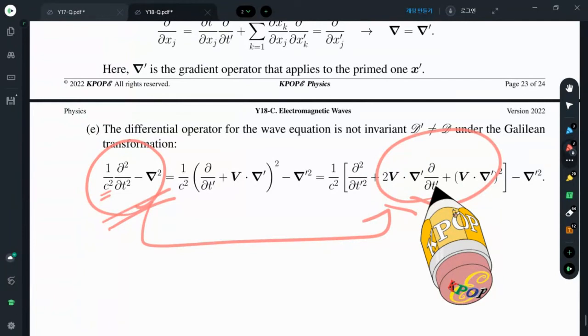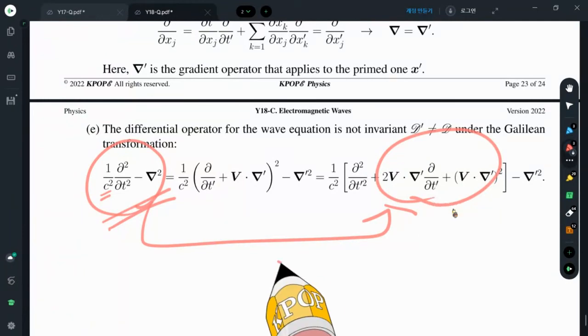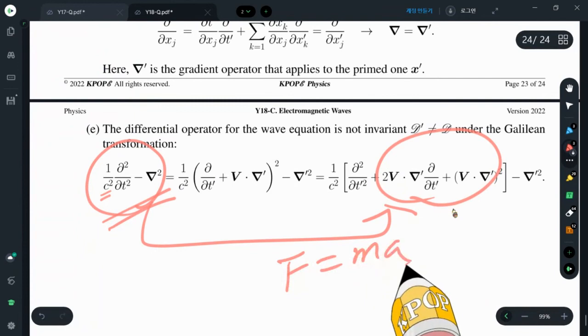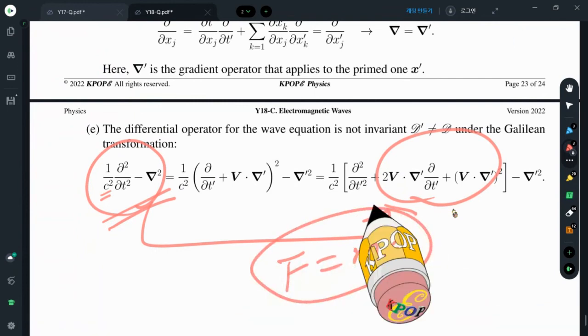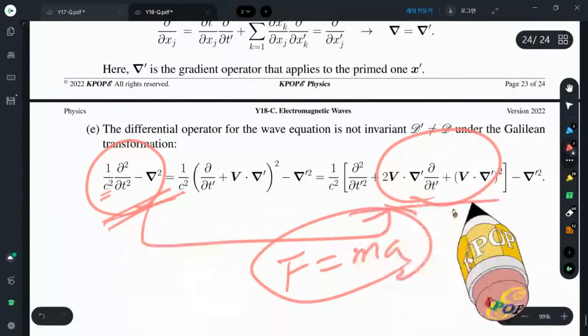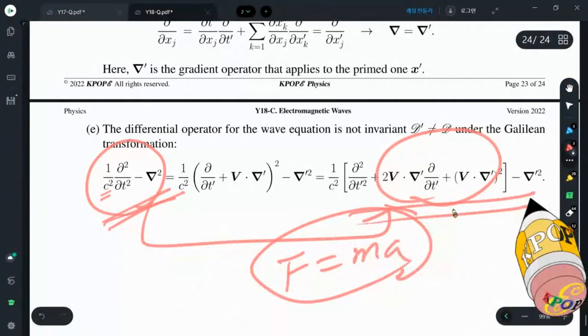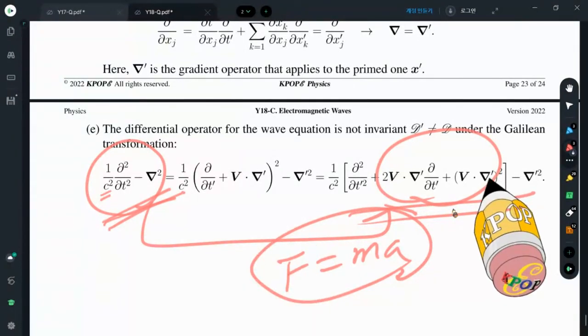According to Galilei, under the Galilean transformation, F equals ma is invariant. However, under the Galilean transformation, the Maxwell equation transforms into a different equation. In that case, we don't have to learn physics anymore. That means that's the wrong physics.